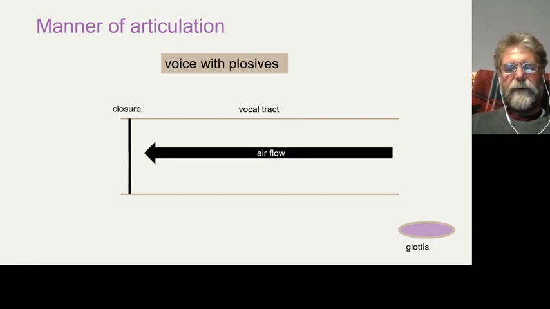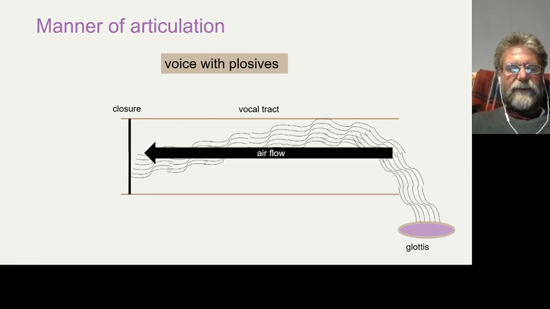Now, this is possible because although you need airflow to vibrate your vocal cords, as I said, when you close off the vocal tract, pressure builds up behind, which means basically air is still flowing into the mouth and the oral area, but because air is compressible, you can do that to a certain extent. That means that you're able to vibrate your glottis prior to actually releasing it. And you get sounds like this.